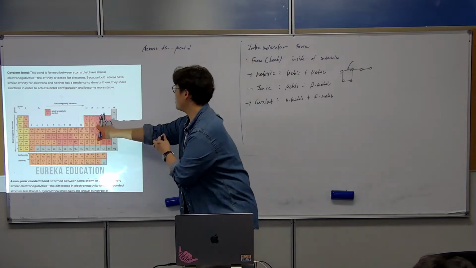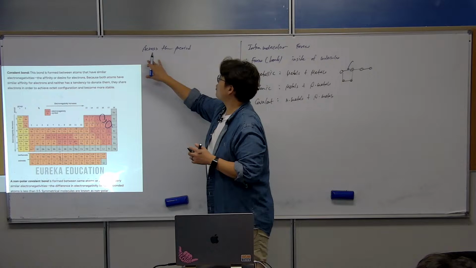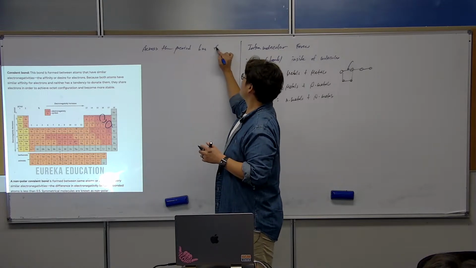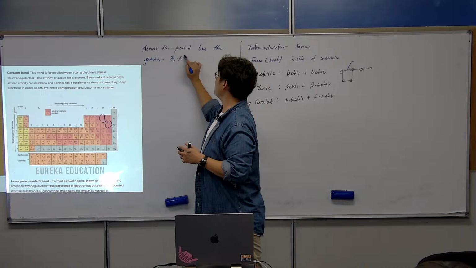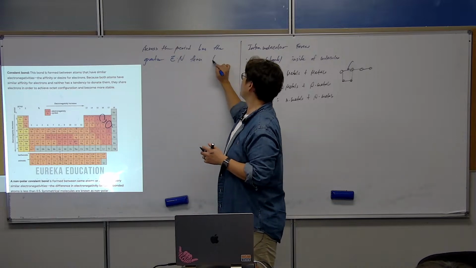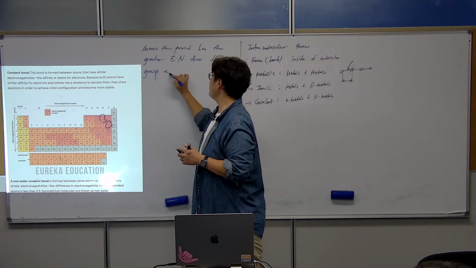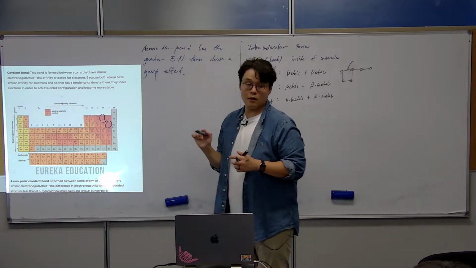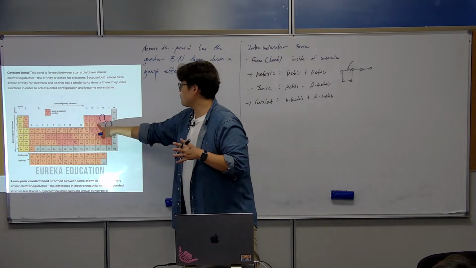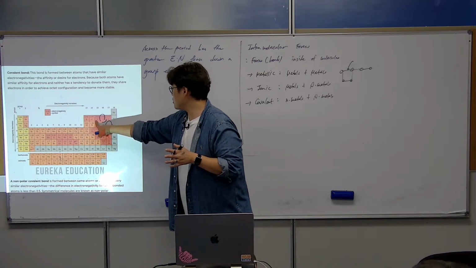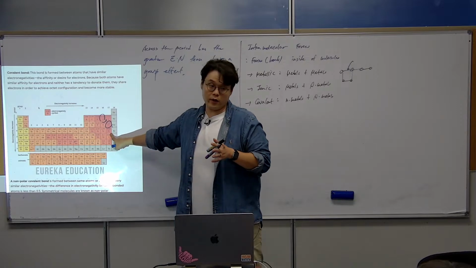Oxygen has 3.44, chlorine has 3.16, which means that across the period has greater electronegativity than down a group effect. This is something you also need to understand, and the same goes here: nitrogen would have higher electronegativity than the bromine given over here as well.